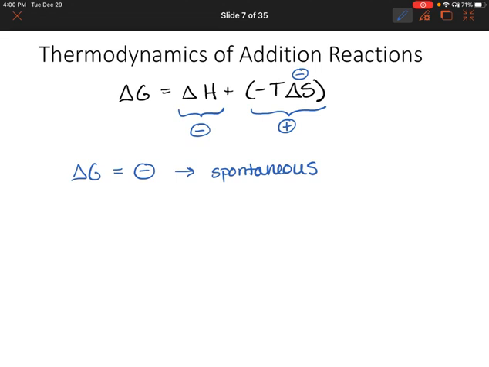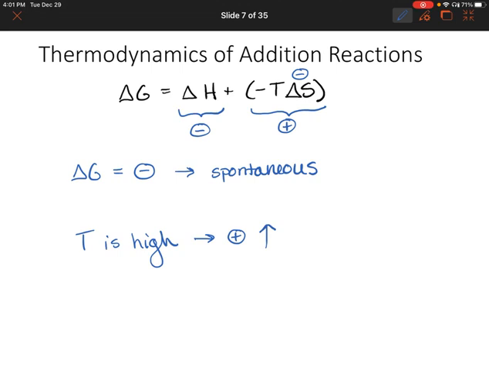Now, in our delta G equation up above, when would delta G be negative? Well, that's going to depend on temperature. So, would delta G be negative at high temperatures or at low temperatures? Well, if the temperature is high or large, then that's going to make the positive part of our equation increase in magnitude, right?